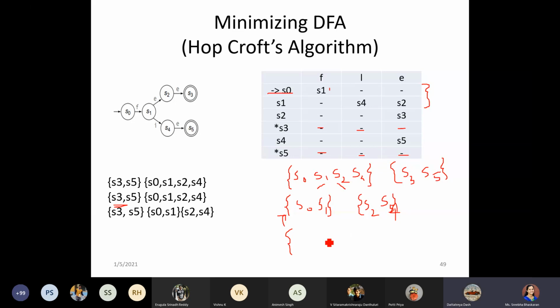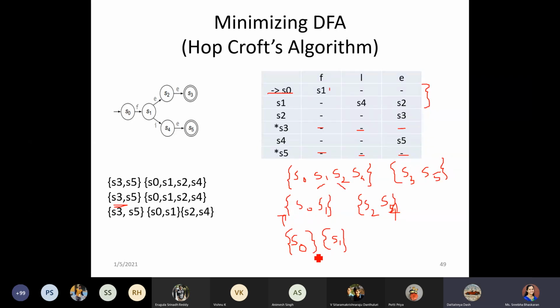So that means they are separate. S0 and S1 will not go together, so that has to be split. So S0 and S1 will be split. No more contents, so that's it. So this will be closed.